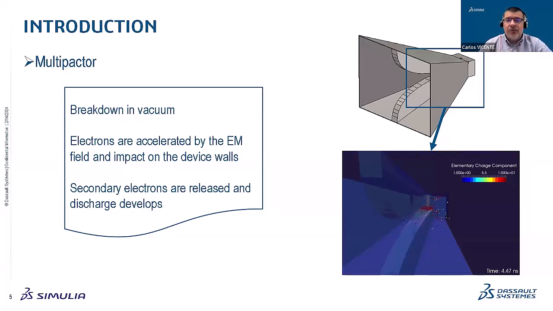This of course degrades the performance of the component. This resonance is what we can see here on the right-hand side on this horn antenna, where you can see electrons moving up and down, resonating in the device walls. So this is regarding multipactor.